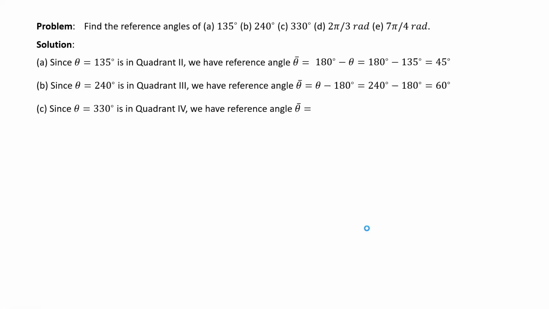Is it quadrant 4? We have reference angle theta bar equals, what do we do? 360 minus theta. So that's going to be 30 degrees.